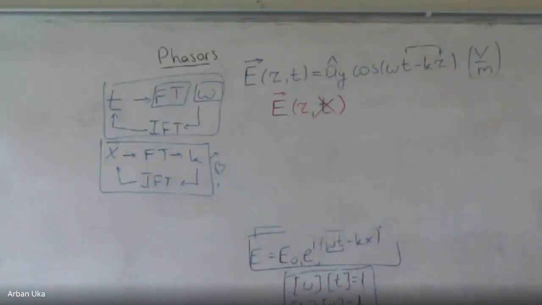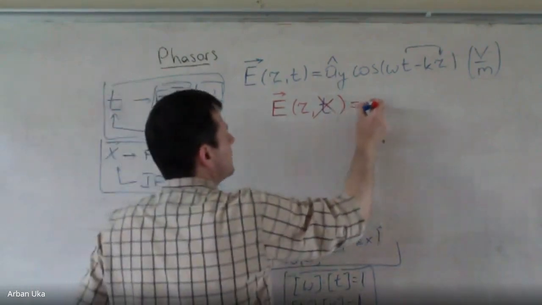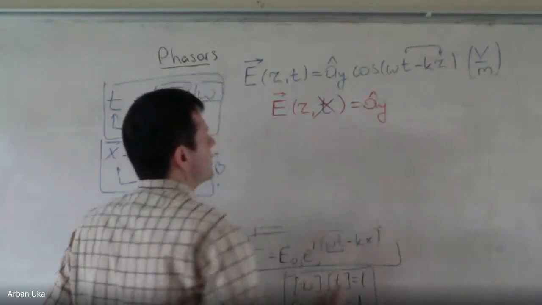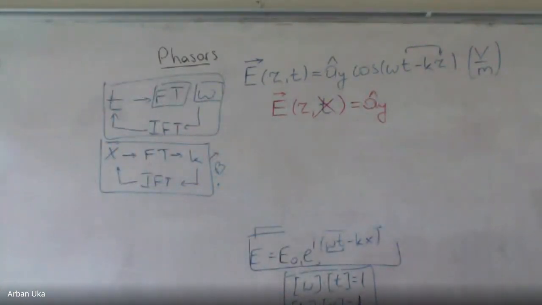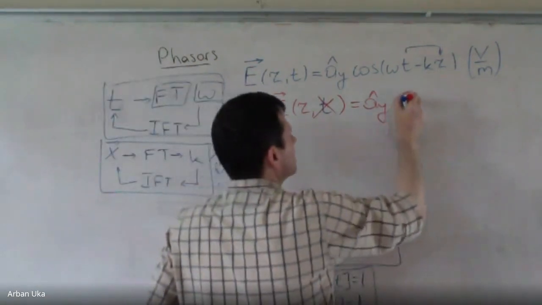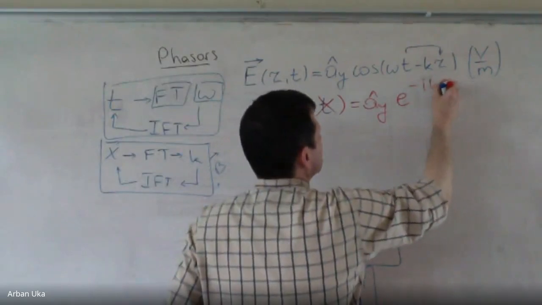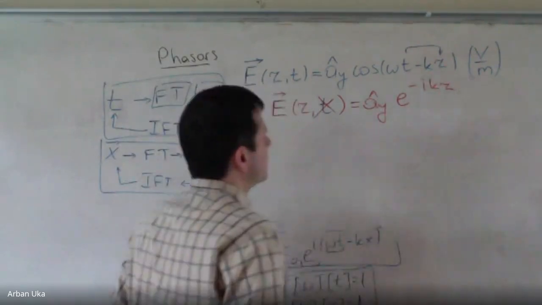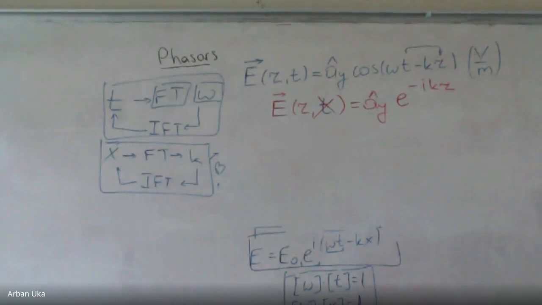We should not have the t, we should not have the time representation. And this is going to be equal to ay, this stays the same, and we have to express this one in exponential terms. So this would be the respective representation.